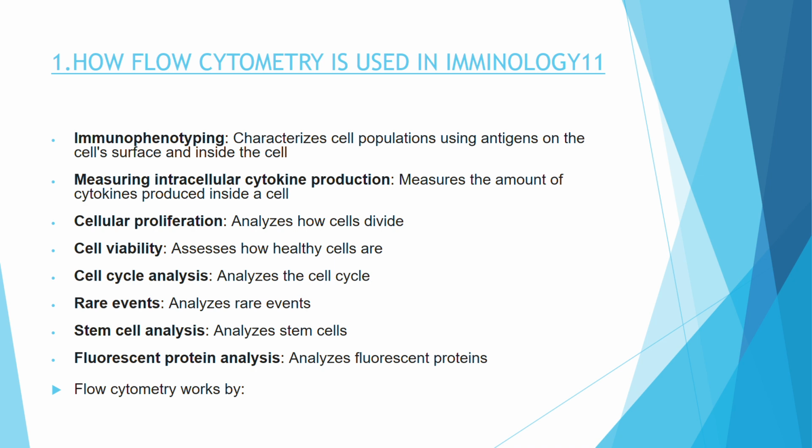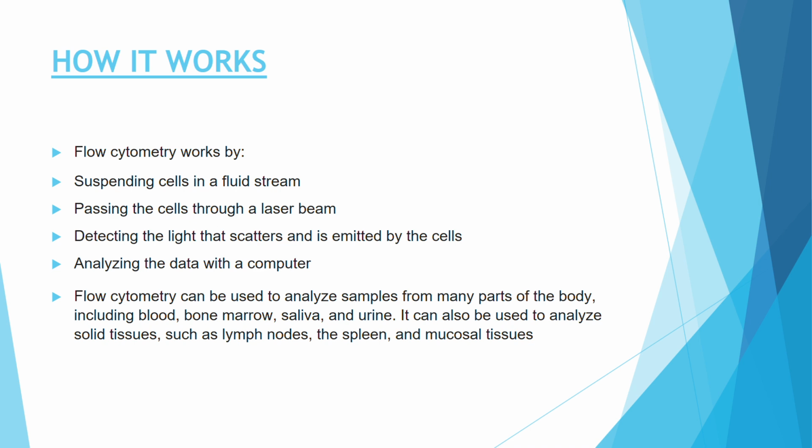And here is the summary of how it works. It works by suspending cells in a fluid stream, then passing the cells through a laser beam, where the light rays hit them. They detect the light scatter and fluorescence emitted by the cells.